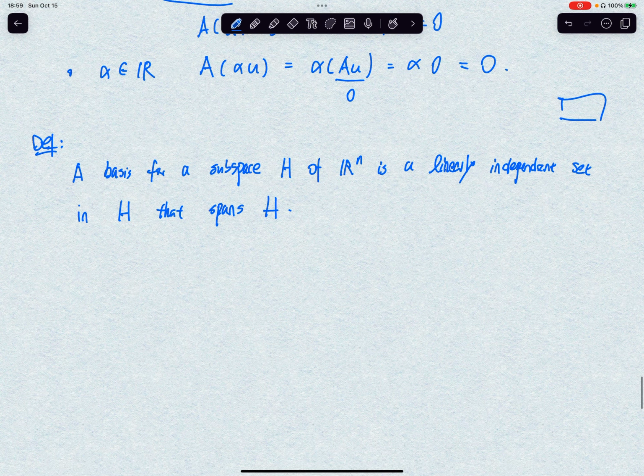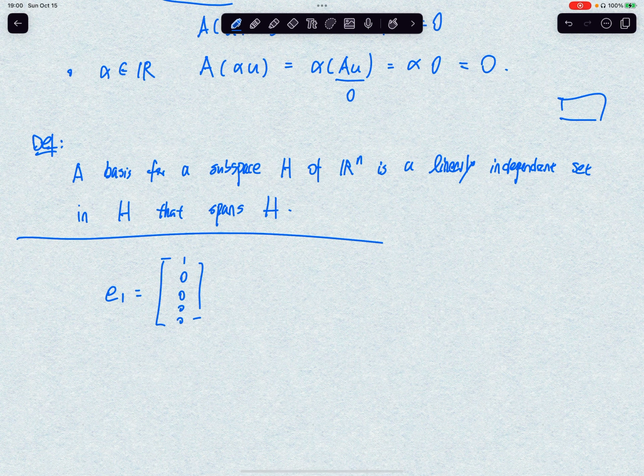And for Rn, we have the most elementary basis, e1 equals (1, 0, 0, all the way down to 0), and e2 equals (0, 1, all the way down to 0), and then en equals (0, 0, ..., 1).